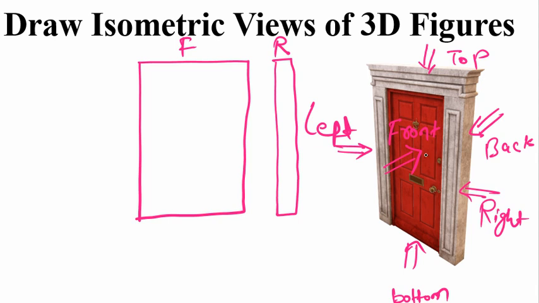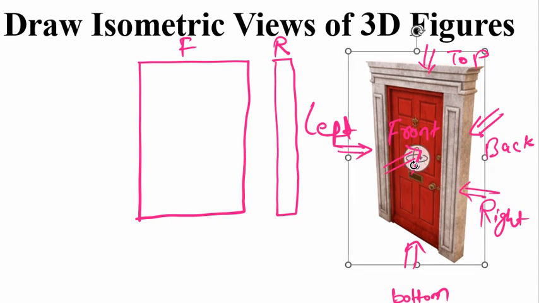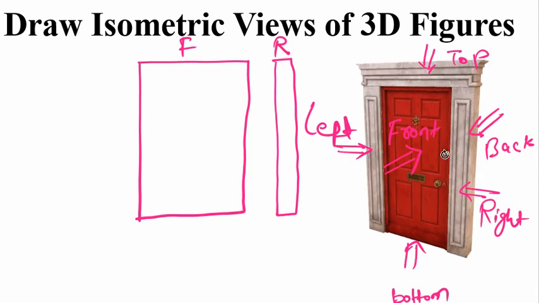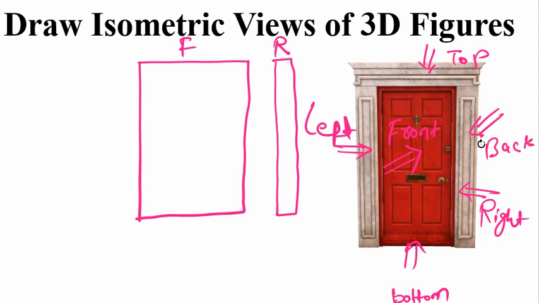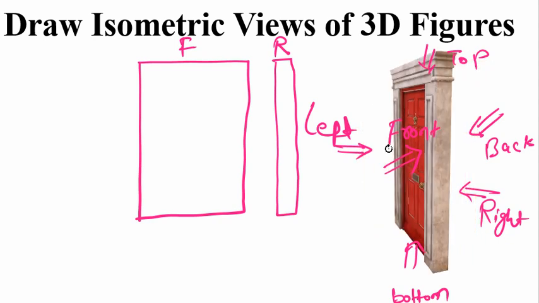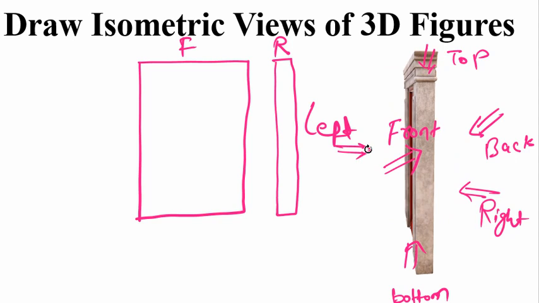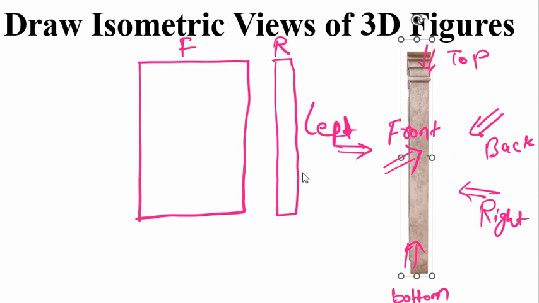If you don't believe me, let me just move this figure. When I said front, if I move, this is your front, and you can see this is a rectangle. And if you see from right, then it is like this. So you should know how to see these front, left, right views to design and draw the isometric views.